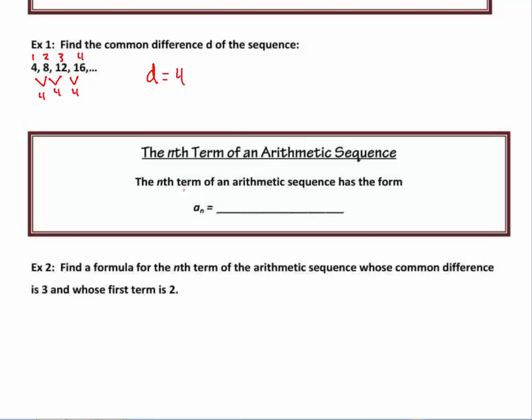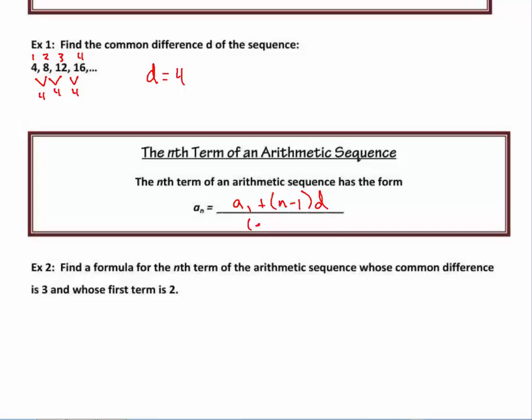But there's a formula for that, and the nth term of an arithmetic sequence always has this same form. It's a sub n, so whatever term we're looking for, a sub 23 or a sub 67, is always equal to a sub 1, the first term, plus n minus 1 times the common difference.